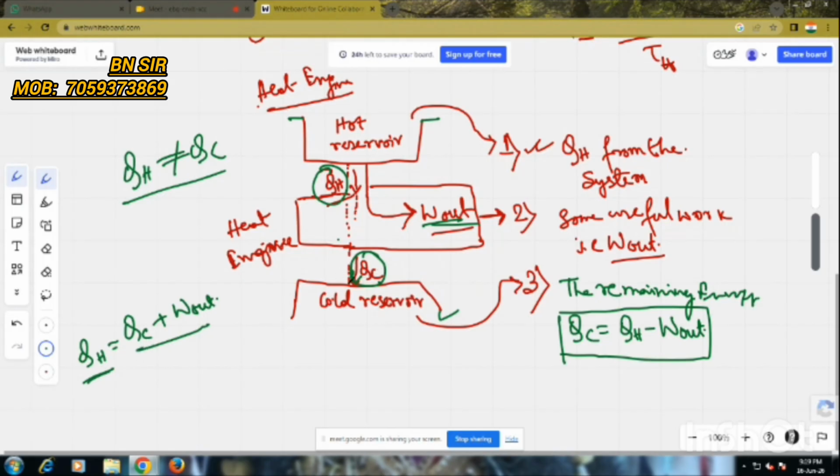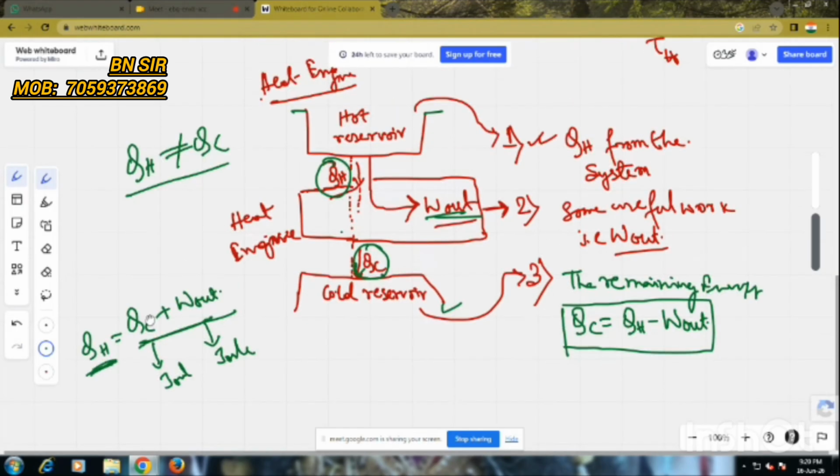That means when you sum up the QC amount of heat and the working energy W out, that would be QH. And their units are also the same: QC is in joules and W out is also in joules, that is the energy unit.